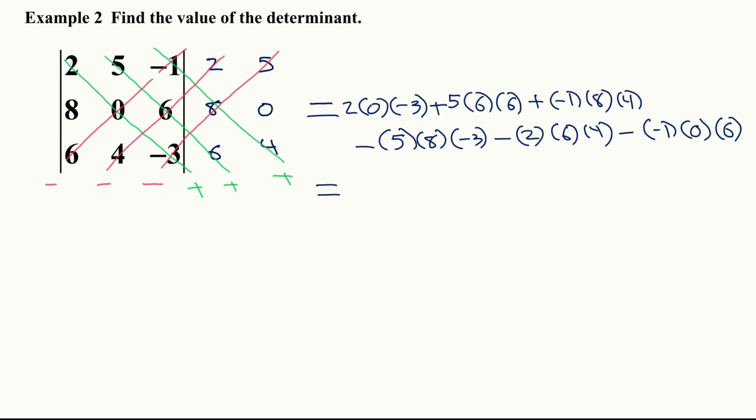All right, so the very first one here we can see is just 0, right? So 0 plus, so we just get 5 times 6, which is 30, times 6, which is 180. And then positive times negative is going to give us a negative, and these are positive too, so they're not going to change anything. So minus 32. Now here we have negative times negative, that's positive, and that's 40 times 3, so plus 120.